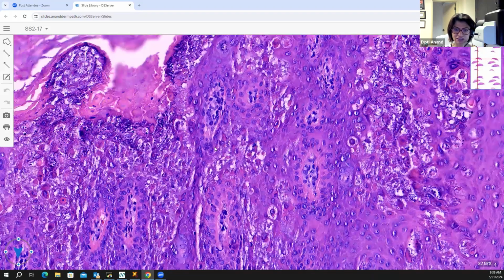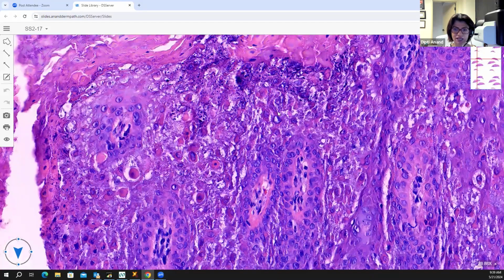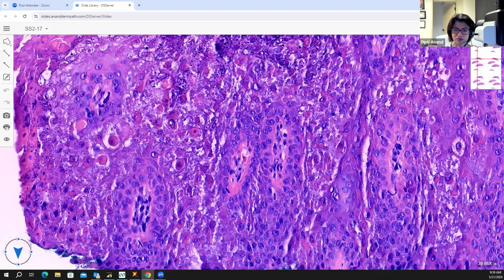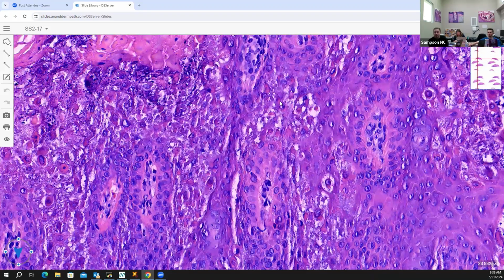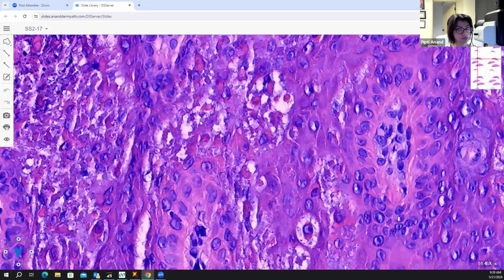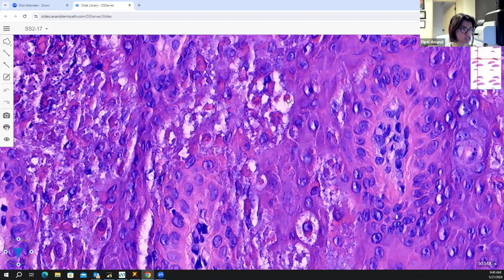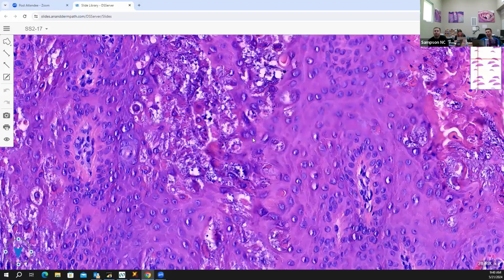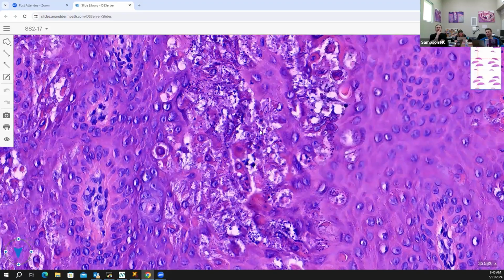but then you're also seeing these pink inclusions with the cytoplasmic clearing of the stratum spinosum. Do you see that? Yeah, so is it dyskeratosis, the pallor with these pink inclusions inside the epidermis?